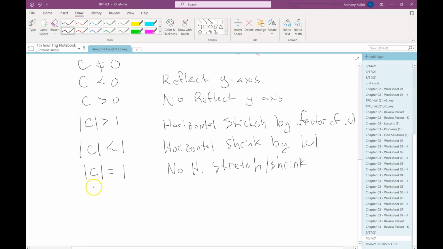The A also does 2 things. So if the A is negative, we reflect across the x-axis. And if it's positive, there's no reflection across the x-axis.